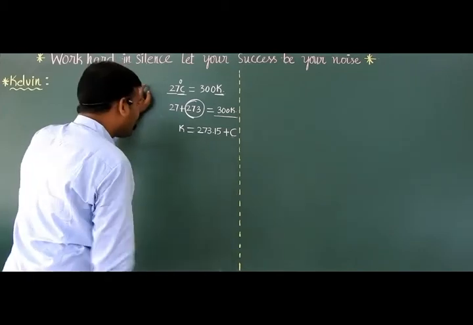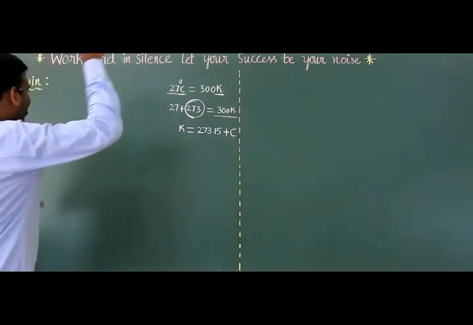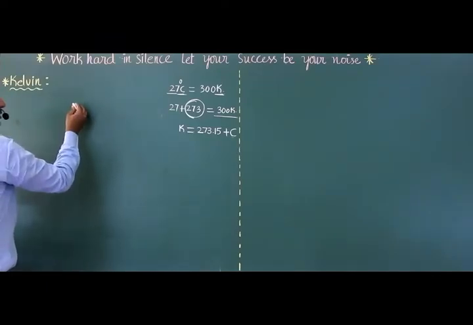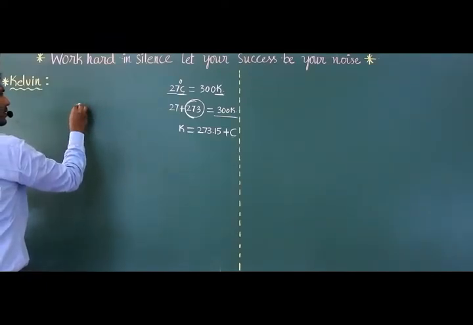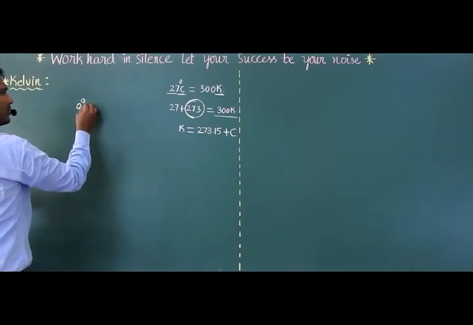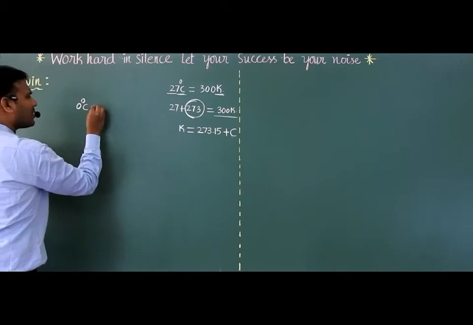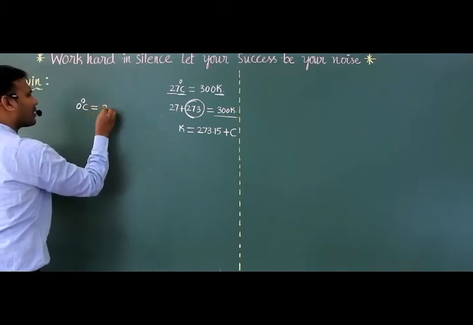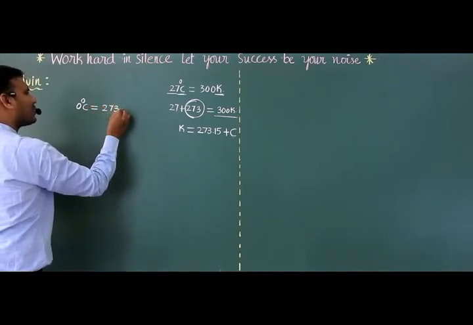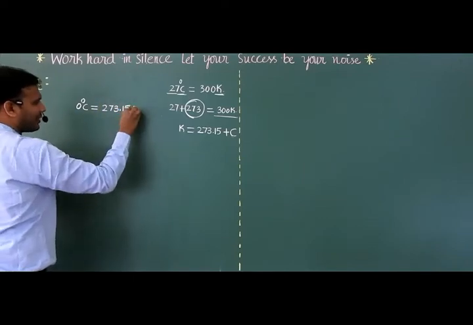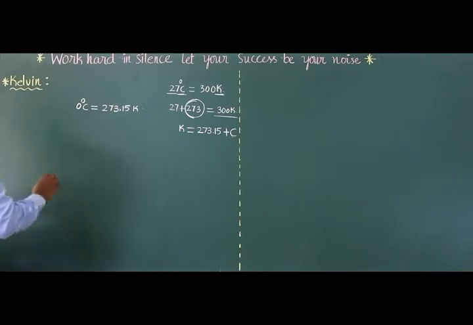Okay? Right. Then here I will write like this. See, put C equal to 0 degrees Celsius, you will get how much? 273.15 Kelvin. Am I right?